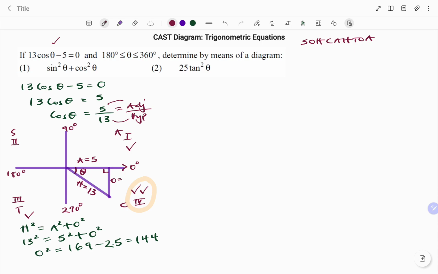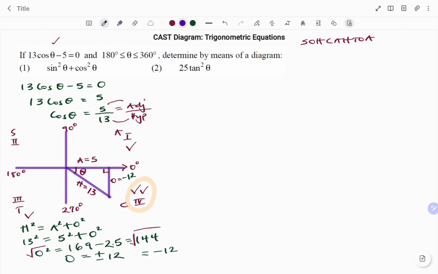Taking the square root of both sides to find the value of o, we have o equals the square root of 144, which is plus or minus 12. But because our o falls in the negative y direction, our opposite will be negative 12. So I'm going to write my negative 12. So we can go ahead and solve the questions attached.